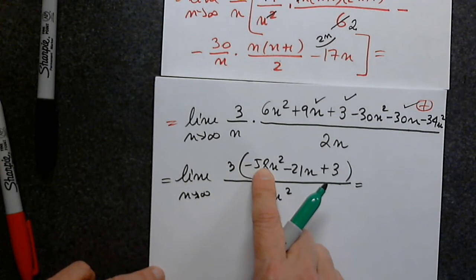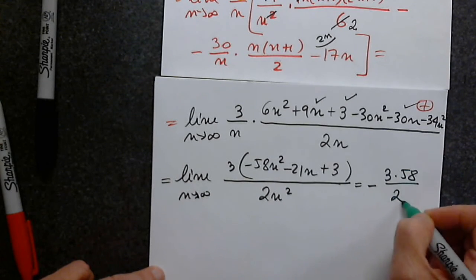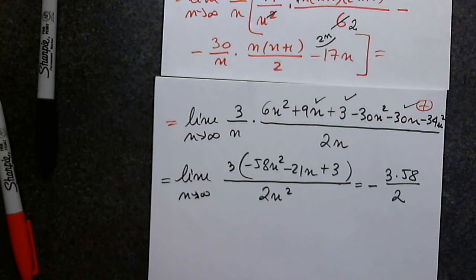3 multiplied by negative 58. So it's negative 3 times 58 divided by 2. Is that clear? Why? The degree of the top is the same as the bottom. Degree 2 over degree 2. This is the horizontal asymptote, right? Or apply L'Hopital's rule. Leading coefficient over the leading coefficient.